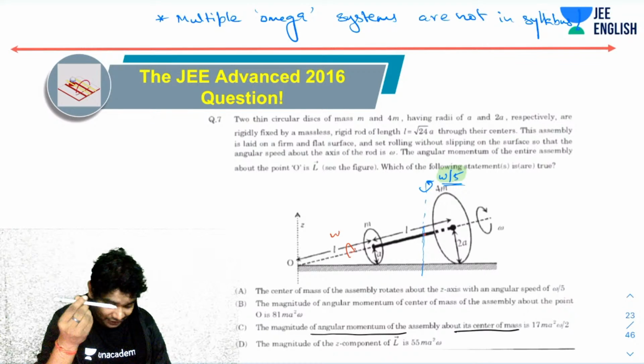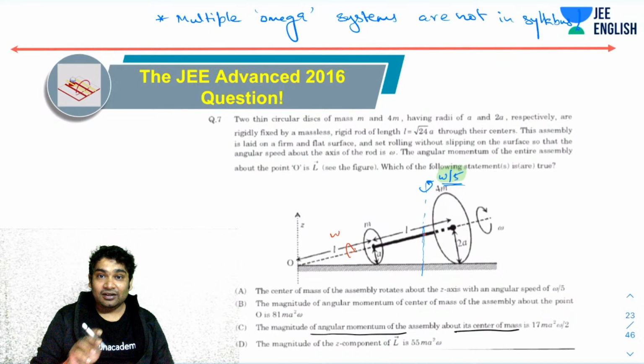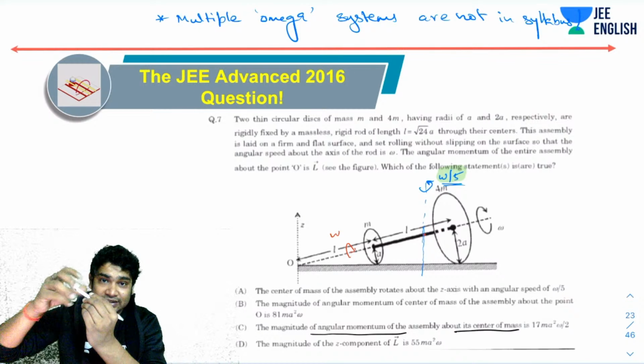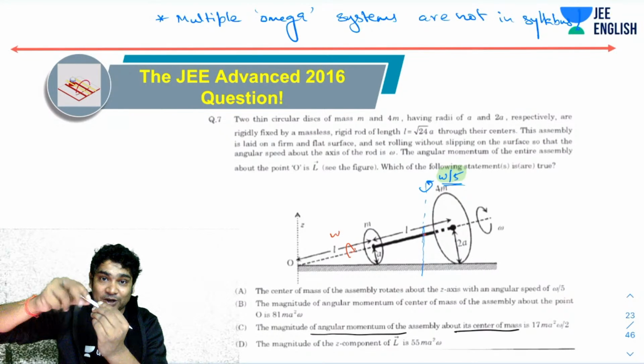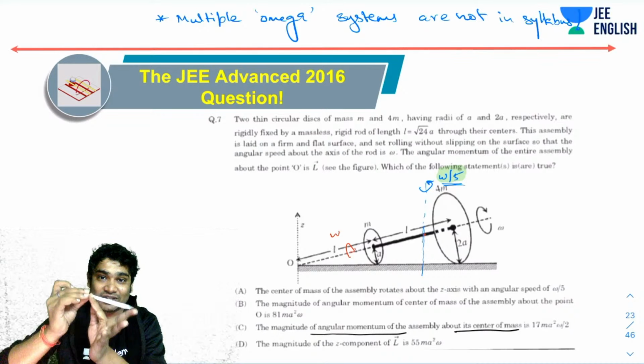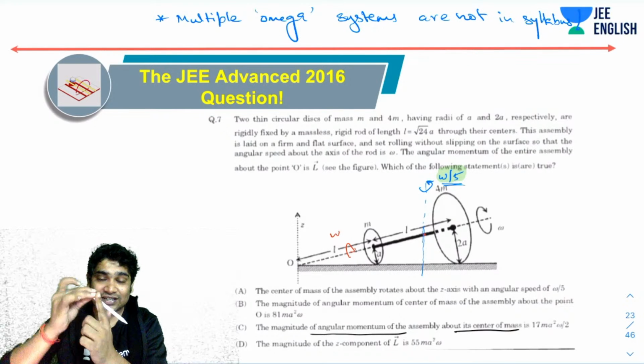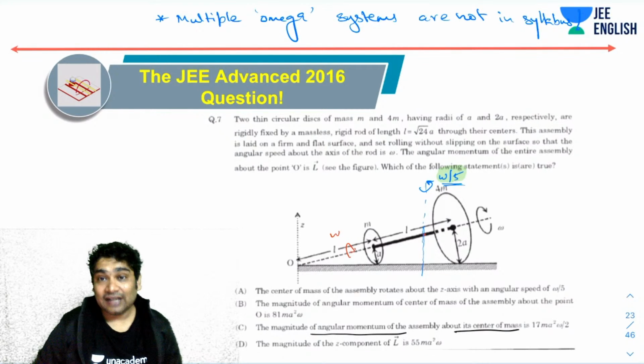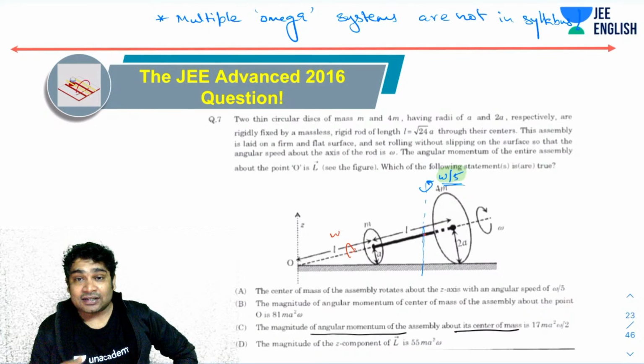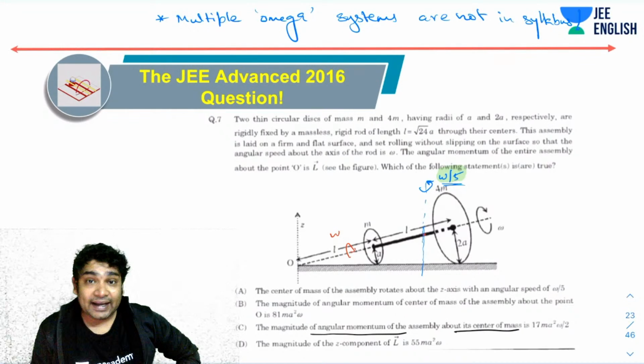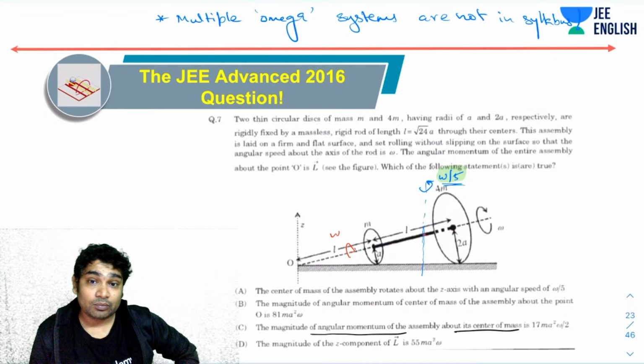Okay. Can you figure this out? Do you agree that not only will you see this rotation, but you will also see this rotation in the reference frame of the CM, which a lot of people have ignored. And that is why the answer was A and C.